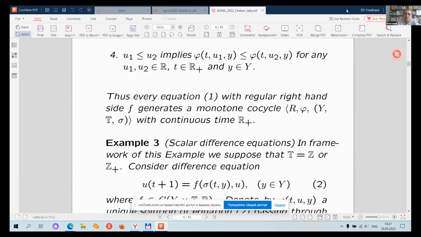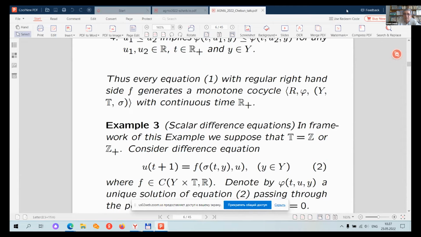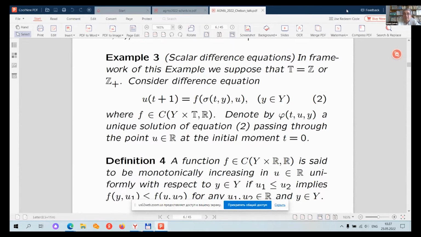Now consider a second example, a scalar difference equation. We consider equation 2, analogous to the preceding example, but here the time is discrete.